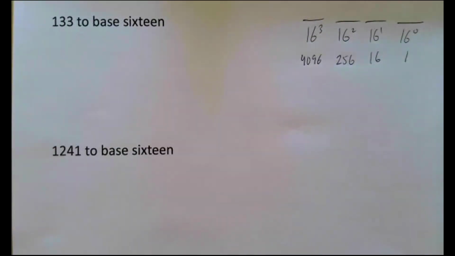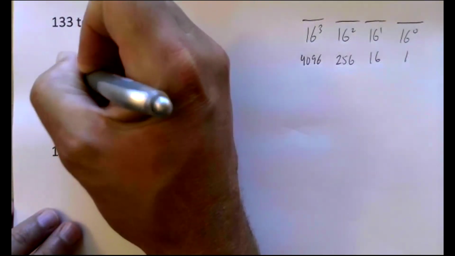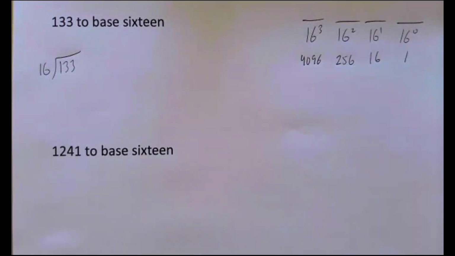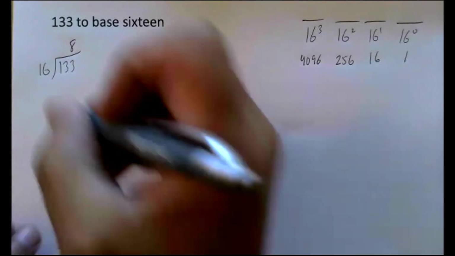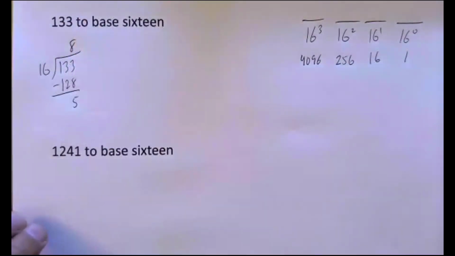That happens sometimes. Okay. So anyways, I'm going to start by taking 133 and dividing it by 16. 133 divided by 16 goes in there 8 times. Then do 8 times 16, you're going to get 128. Go ahead and subtract. You will get 5.